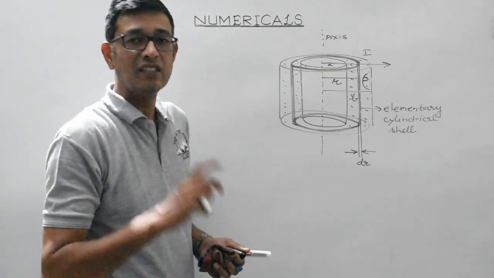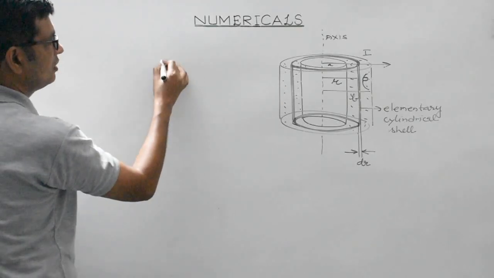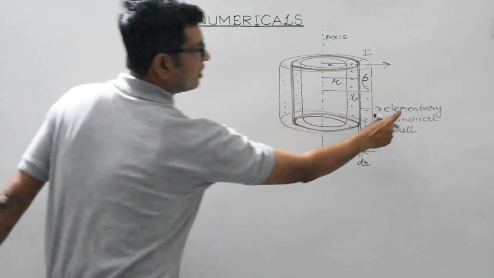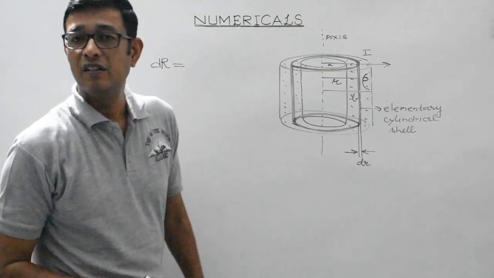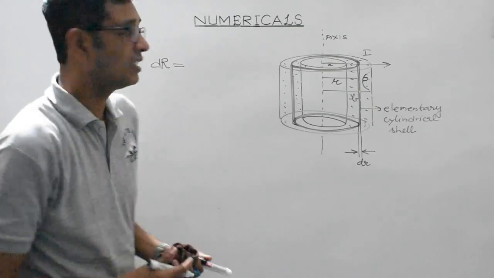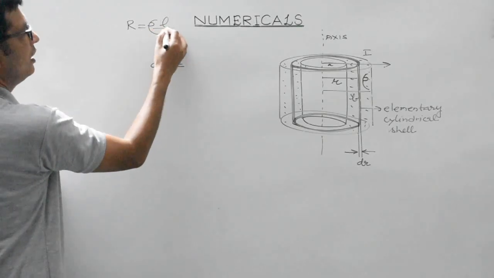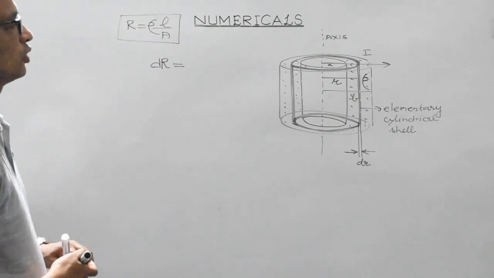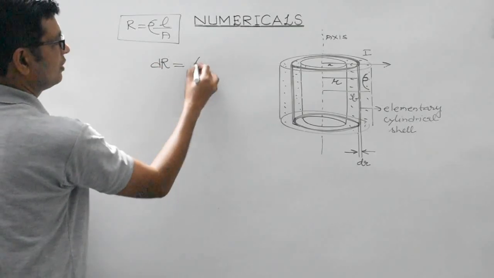So, the resistance offered by this small elementary cylindrical shell will be R is equal to rho L by A. That's the master formula, which we are aware of, and we will be using it over here.